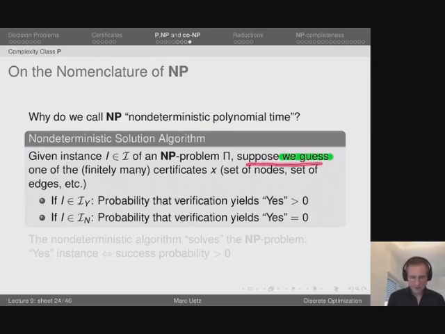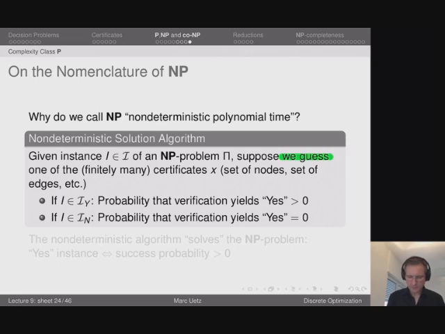Suppose we guess one of the certificates, and let's say we talk about a subset selection problem. So that means a certificate would be a subset of the nodes or a subset of the edges, something like that. Okay. And if we are talking about a yes instance, we know that there exists a certificate such that the verification turns out to be successful.